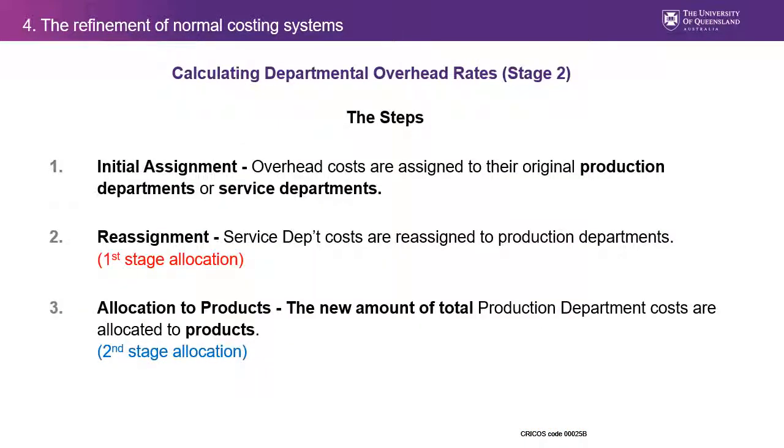So calculating departmental overhead rates, stage 2. We initially assign overhead costs to the original production department or service department, and then we reassign service department costs to production departments, and then we allocate that to our products in the second stage allocation.